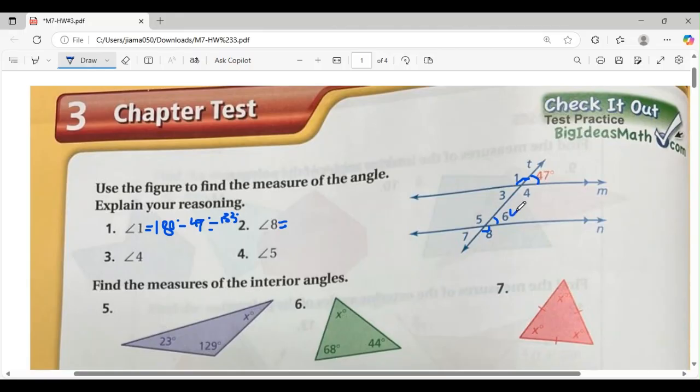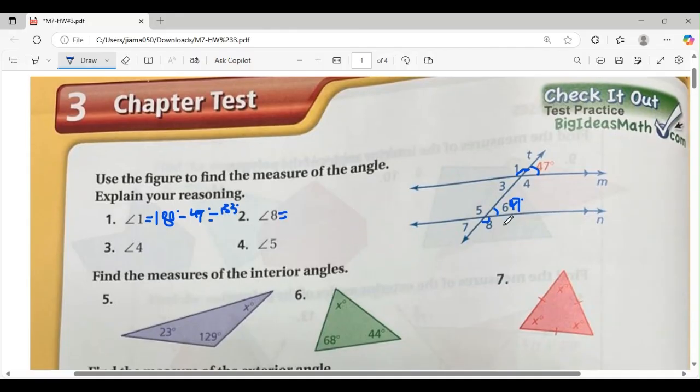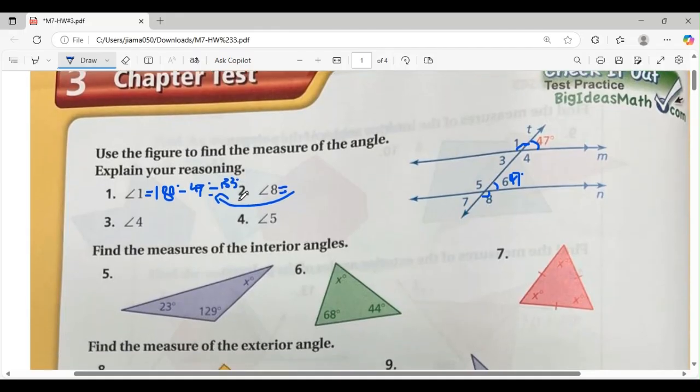So this one is also 47 degrees. To find the measure of angle 8, we just have to use 180 degrees minus 47, the same as number 1. So the final angle measure is also 133 degrees.